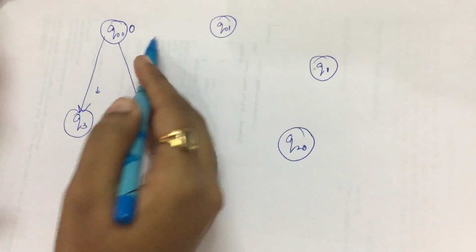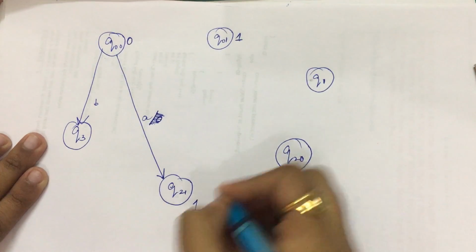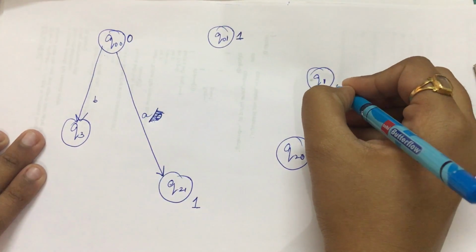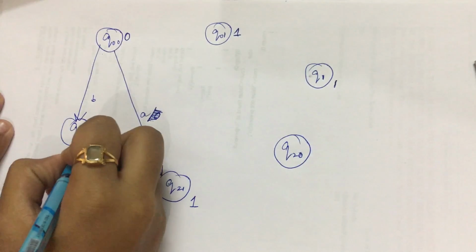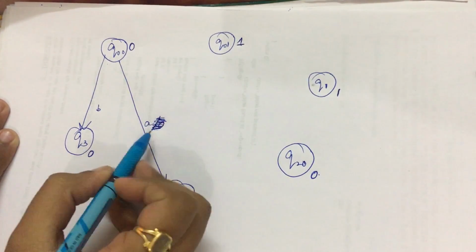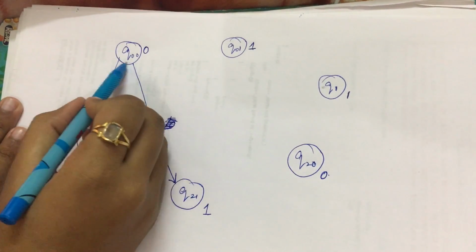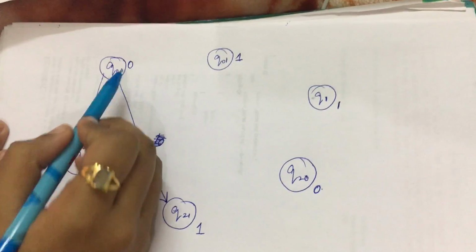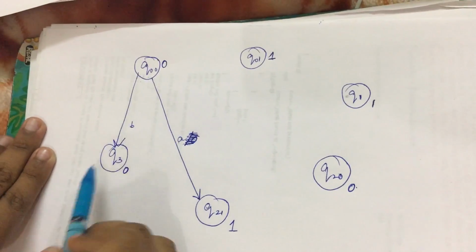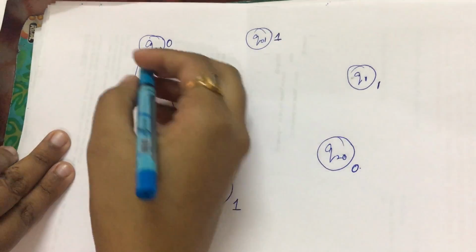Okay, so what we'll do, we'll write down the outputs over here. This will give me this. Q1 was giving me the output as 1. Q3 was giving me a 0, Q2 0 as 0. So here we don't need to write down, because it does not matter which input symbol, we just know the state from where it is starting. So the output is 0 whether it's input A or B. Okay, so the corresponding transition diagram I'll make quickly, very quickly.